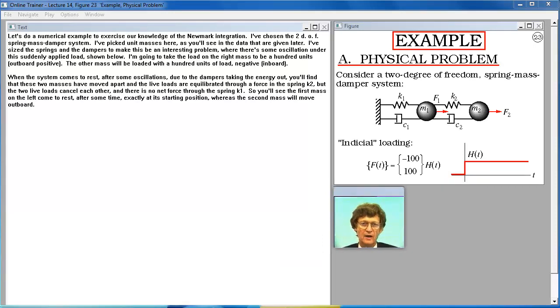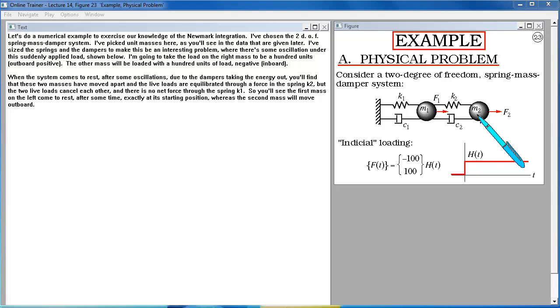Let's do a numerical example to exercise our knowledge of the Newmark integration. I've chosen a 2 degree of freedom spring mass damper system. I've picked unit masses here, as you'll see in the data that are given later.